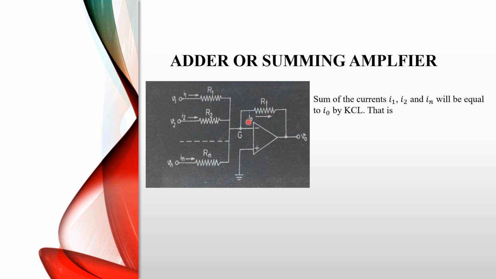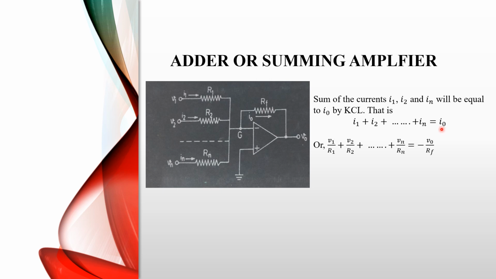So I1, I2, In, all these currents are entering at this point, so they are represented as positive, and I0 is leaving through the node, so it is represented as negative. That means here we can write I1 plus I2 plus dot dot dot plus In equal to I0, right? Hope you understand this line.